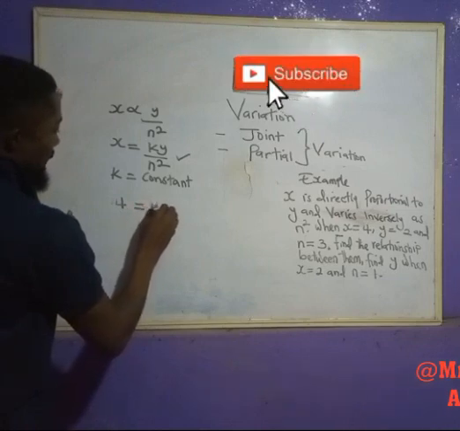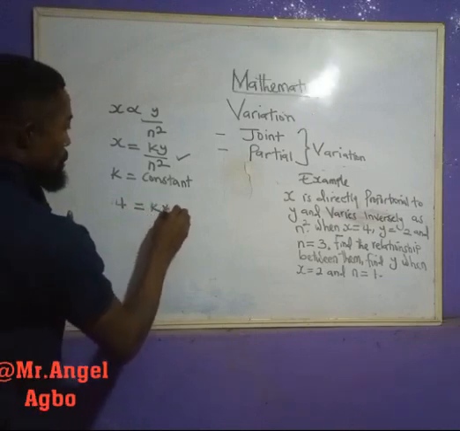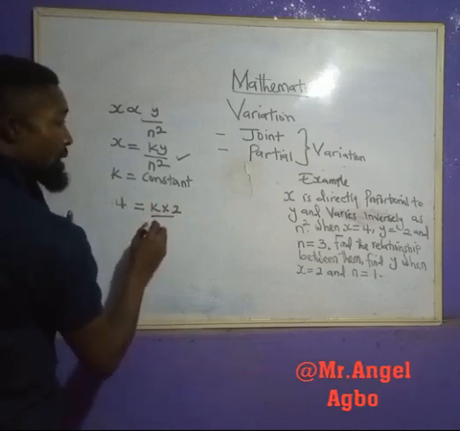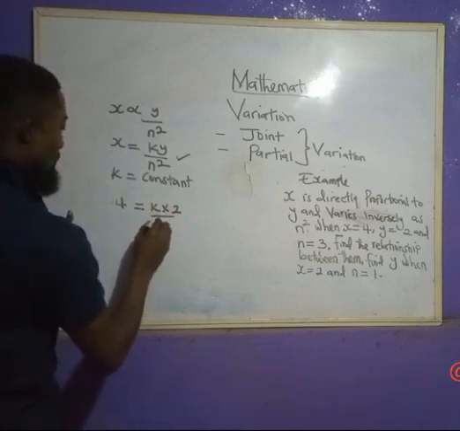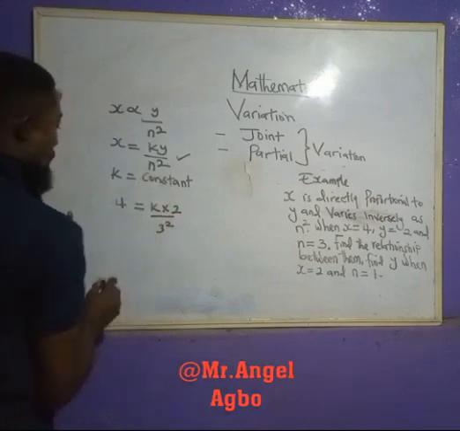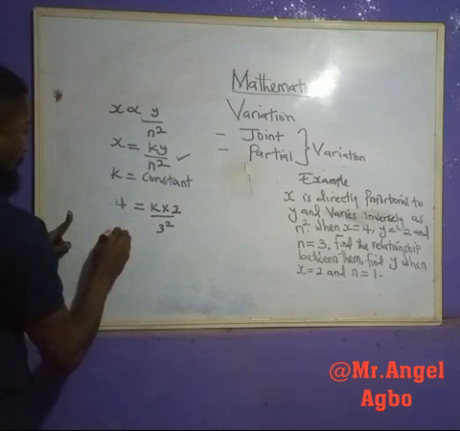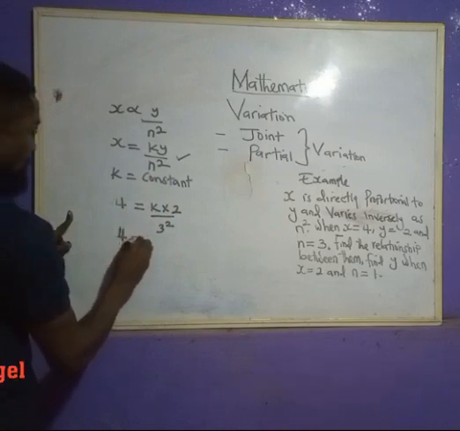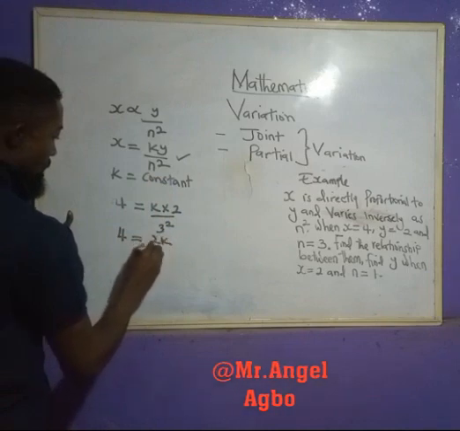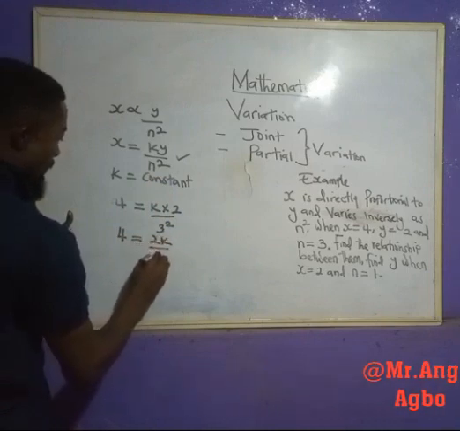k times our y is equal to 2 divided by our n, which is 3, and it's 3 squared because n is squared. Now we have it this way: 4 is equal to 2k divided by 9.